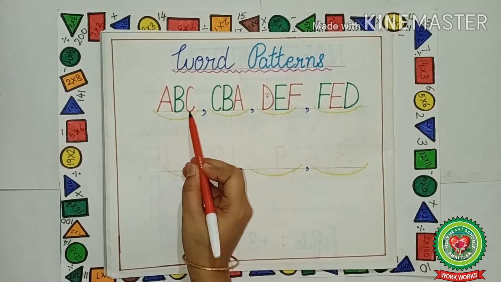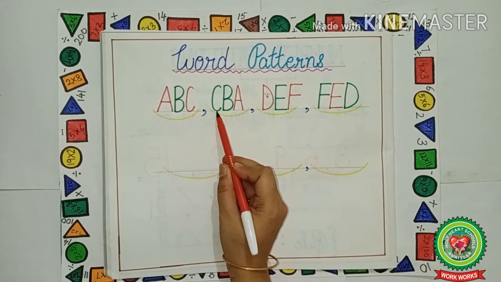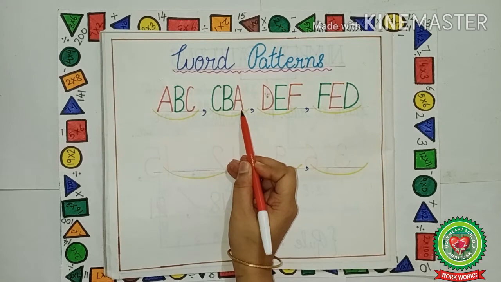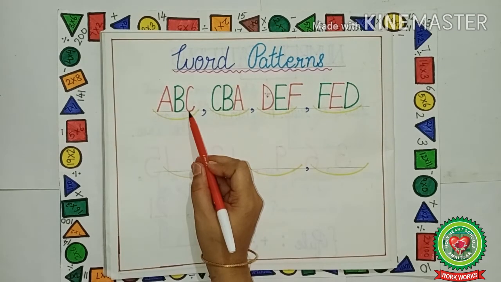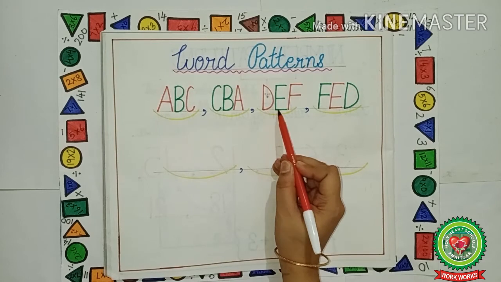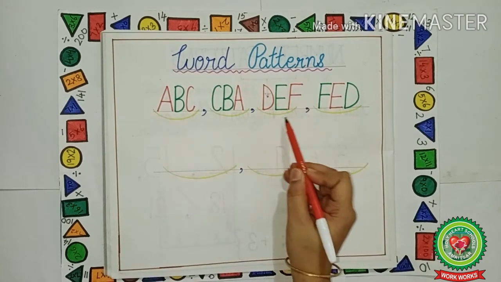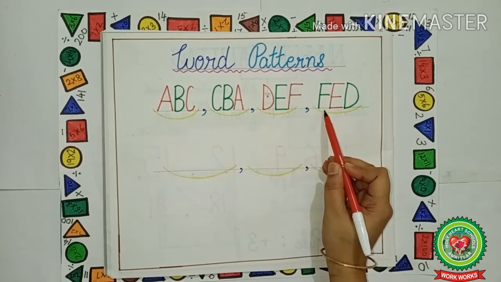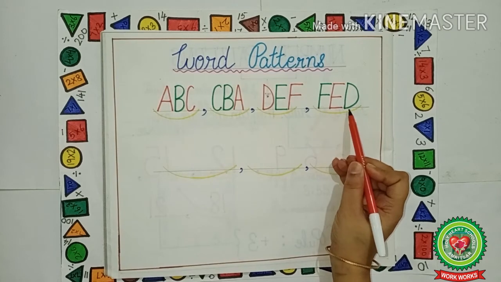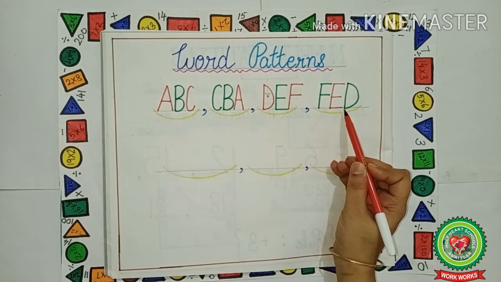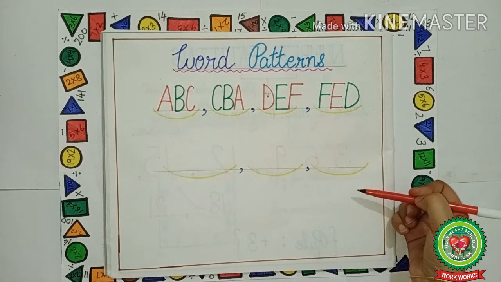Like A, B, C, it is written over here as C, B, A. Again, what comes after C? That is D. D, E, F. Again, D, E, F is written opposite: F, E, D. In the same way, we have to complete the next 3 patterns.